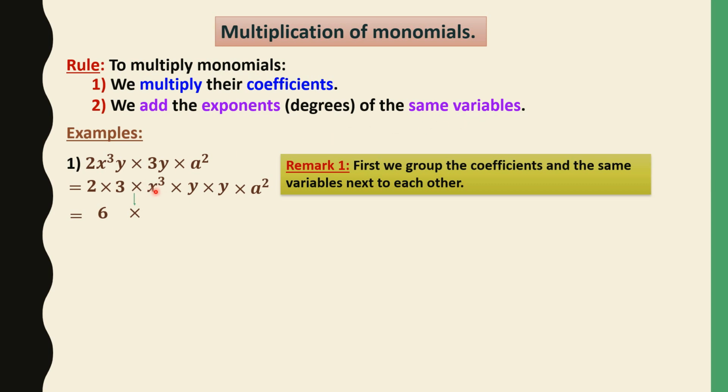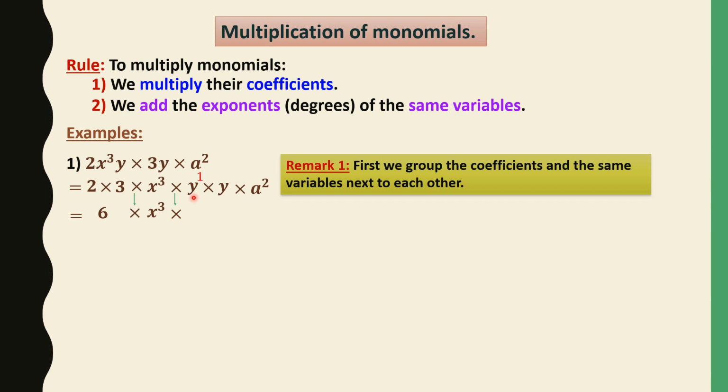Here, x cubed, we don't have another variable or power of base x, so we copy it by itself. X cubed is by itself, we copy it. Because we cannot add the exponents of powers that don't have the same base. Now we copy the times.